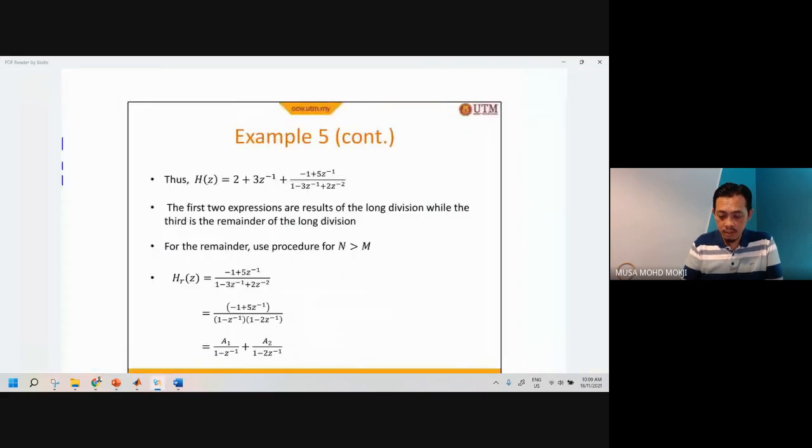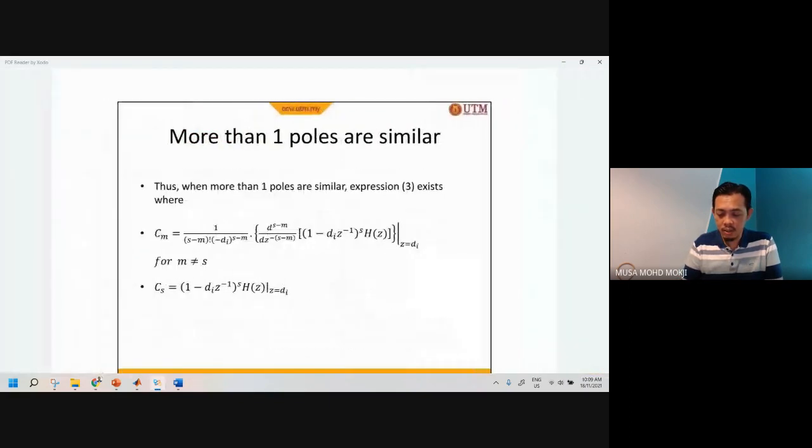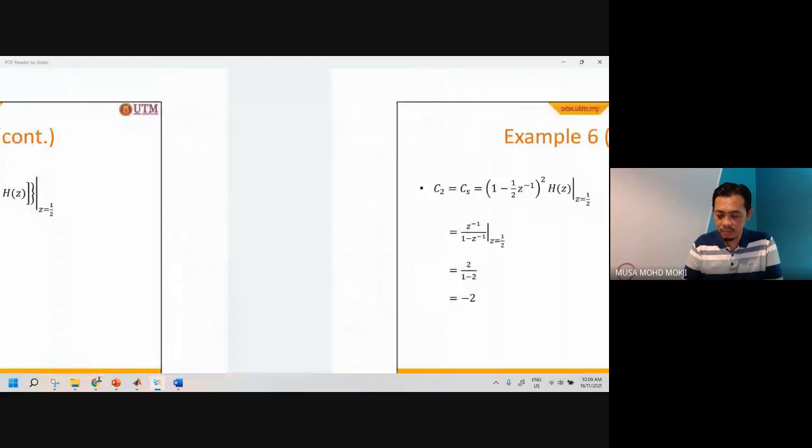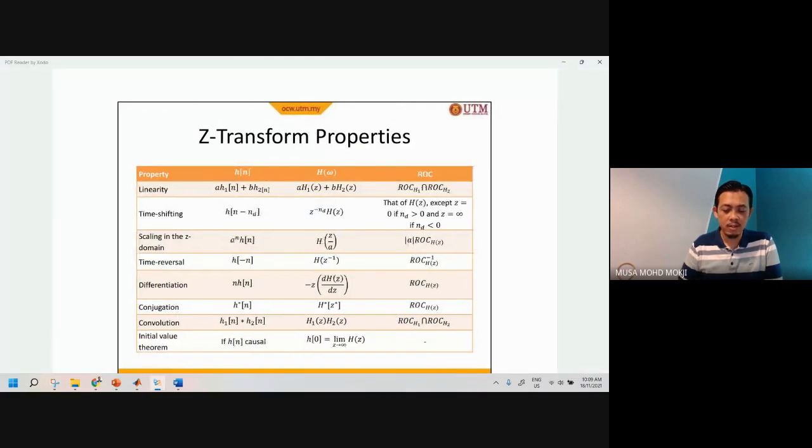Okay, so today we're going to look at another table, which is what we call a Z transform properties table. We have how many properties? 1, 2, 3, 4, 5, 6, 7, 8. So we have 8 properties.